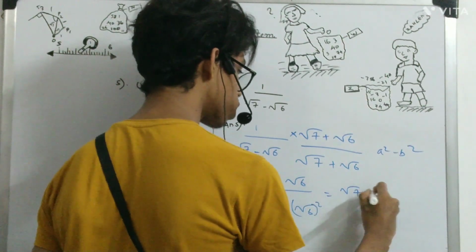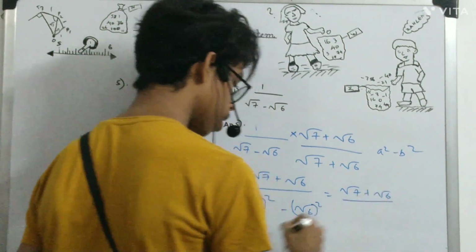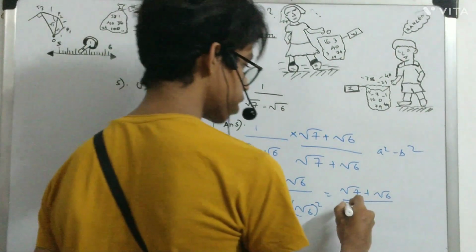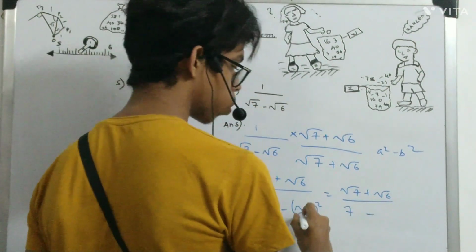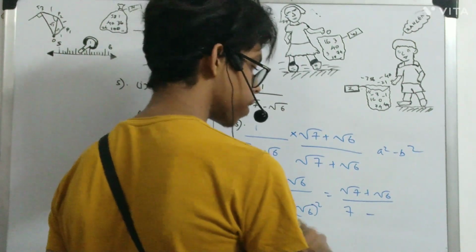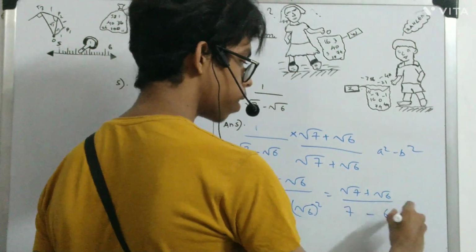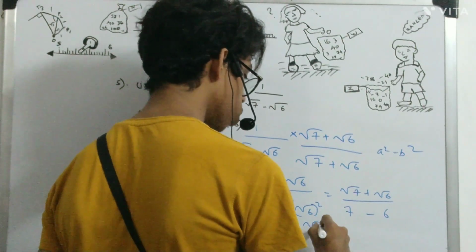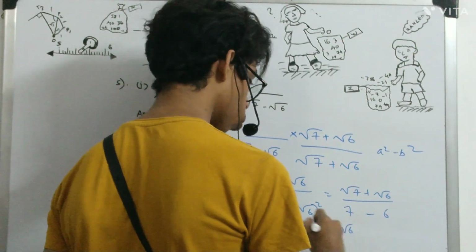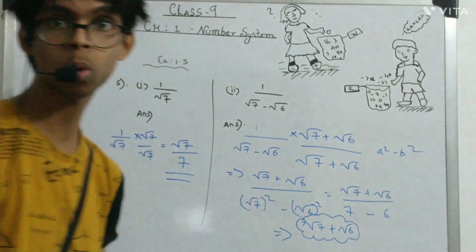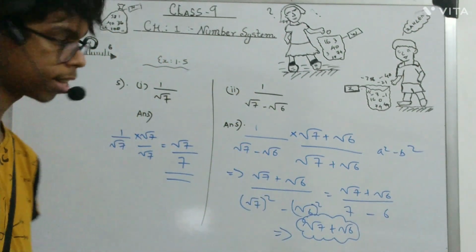So root 7 plus root 6 divided by root 7 whole square means root 7 into root 7, which is simply 7, minus root 6 whole square is root 6 into root 6, which is simply 6. So 7 minus 6 will be just 1. So we will get our final answer as root 7 plus root 6. Okay, this is your final answer, that is root 7 plus root 6.